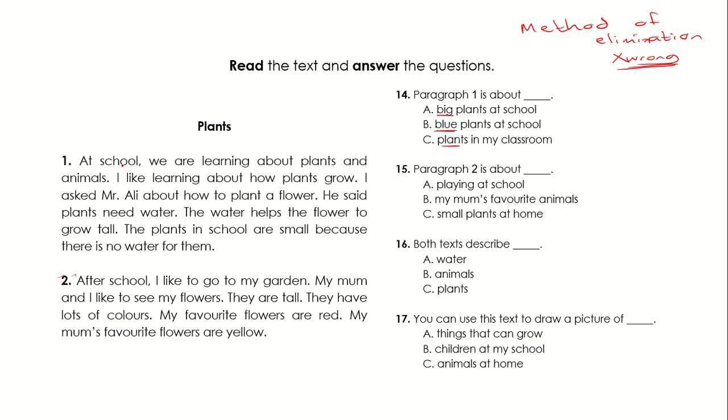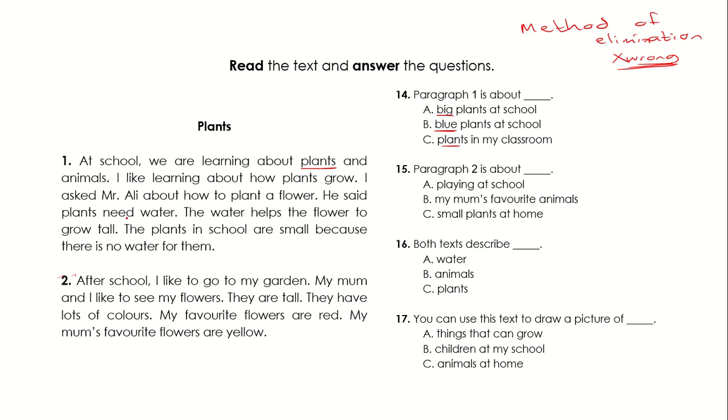At school, we are learning about plants and animals. I like learning about how plants grow. So we see here the word plants. They're learning about plants. They like to learn about how plants grow. I asked Mr. Ali about how to plant a flower.